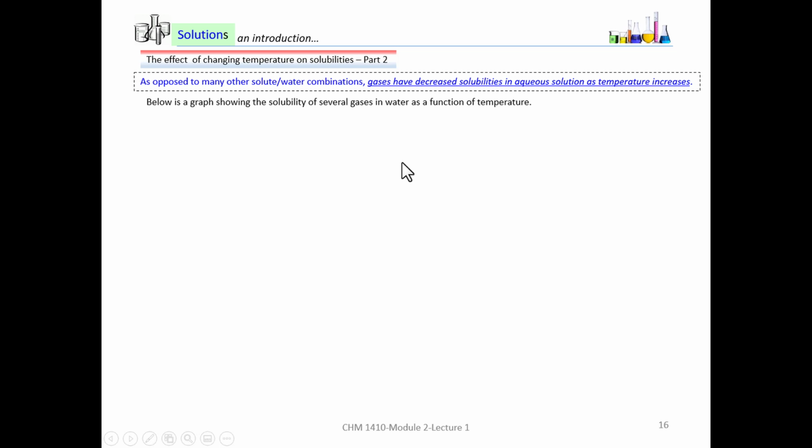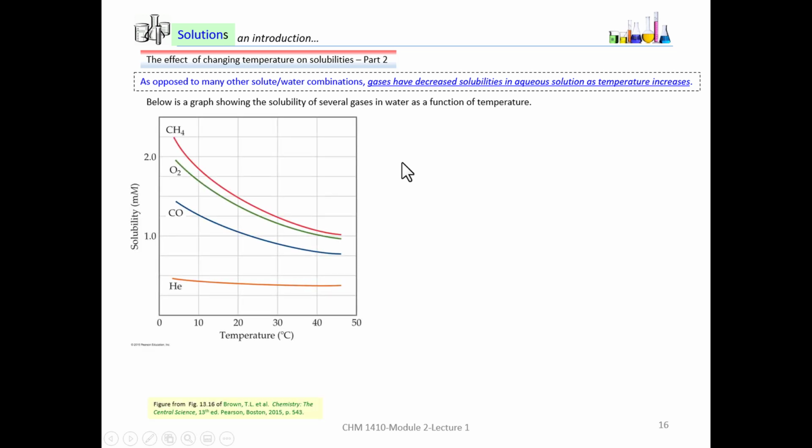Below is a graph showing the solubility of several gases in water as a function of temperature. What you want to note about this solubility graph here is that the solubility, instead of being given in grams per 100 grams of water, is just given in millimoles. That would be 0.001 moles per liter of water.